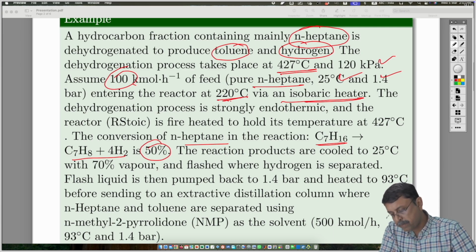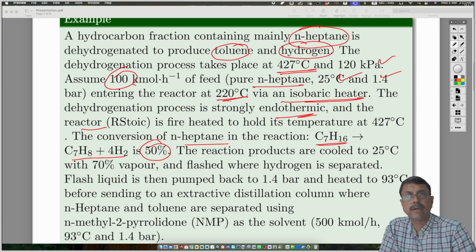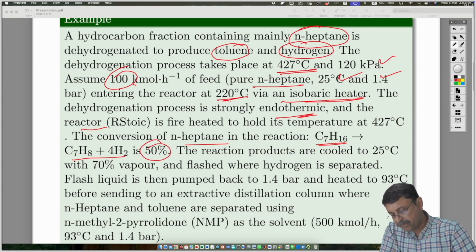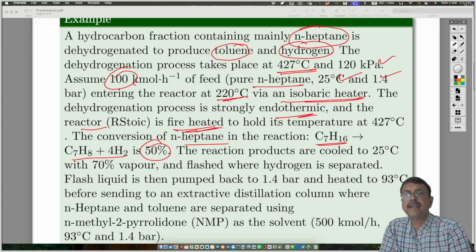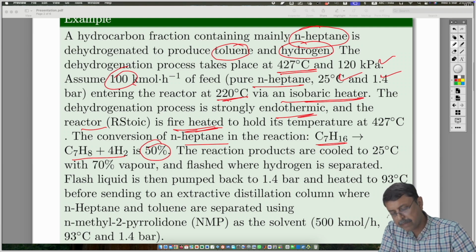The dehydrogenation process is strongly endothermic, and the reactor model given is the RStoic model. You know in Aspen Plus what the RStoic model is. It is fire heated. As I said, there are many ways that we can produce heat. Fire heated is one of them, to hold its temperature at 427 degrees centigrade.